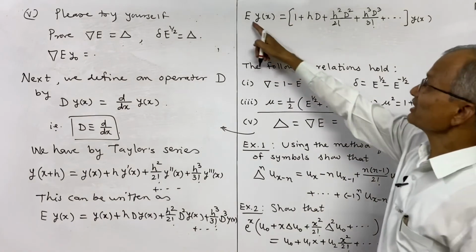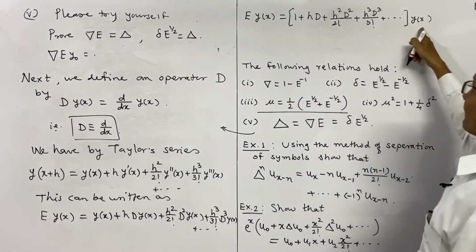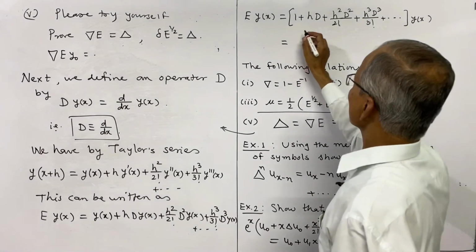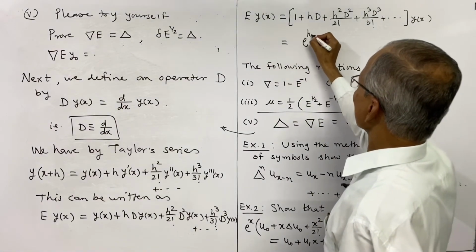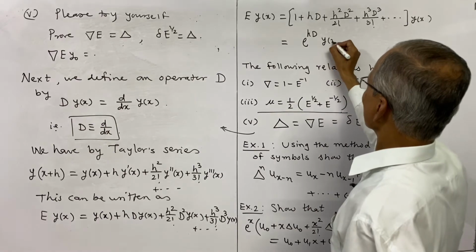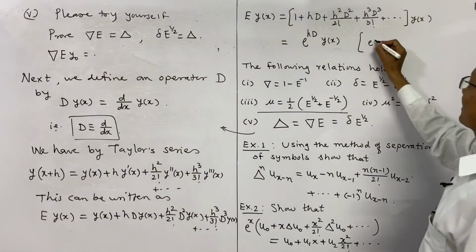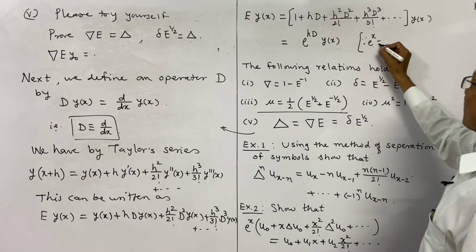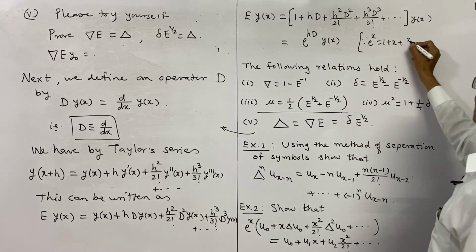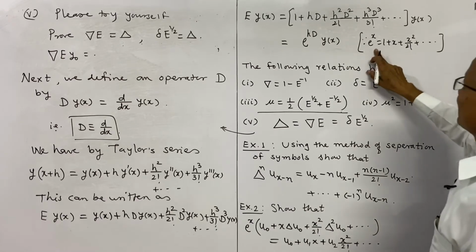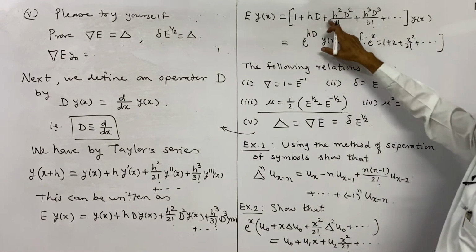So now it is E on y of x and this on y of x, meaning E is equal to this expression. But what is this expression? This is exactly e to the power hD of y of x. Exponential series: we have the exponential function e to the x is 1 plus x plus x square by 2 factorial plus etc., and in place of x, here it is hD.